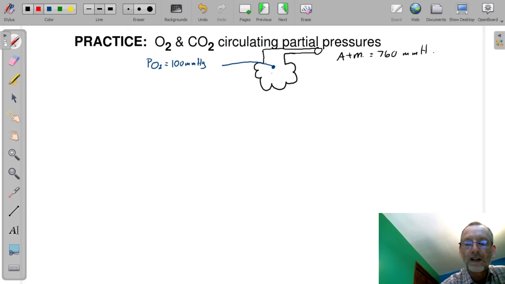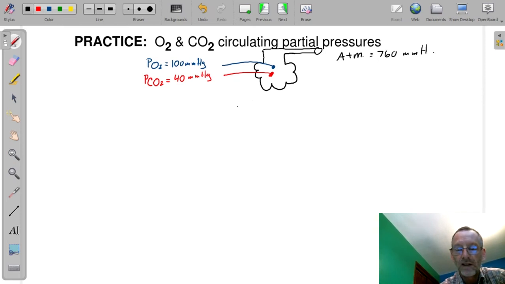And the partial pressure of CO2 in the lungs was what? PCO2 was about 40 millimeters of mercury. Okay.